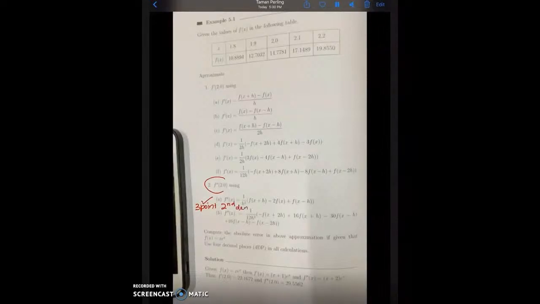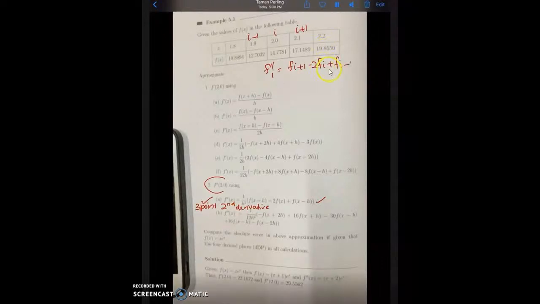So i plus 1 is 2.1, i plus 2 is 2.2, i minus h is 1.9, and i minus 2h, i minus 2, is 1.8. In this case, you need to remember all the points.